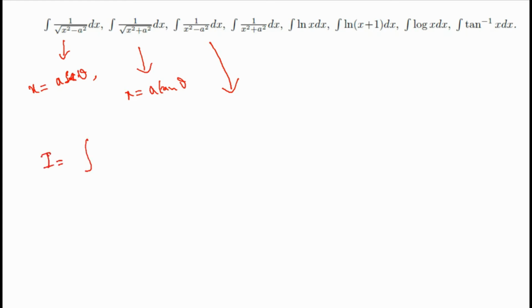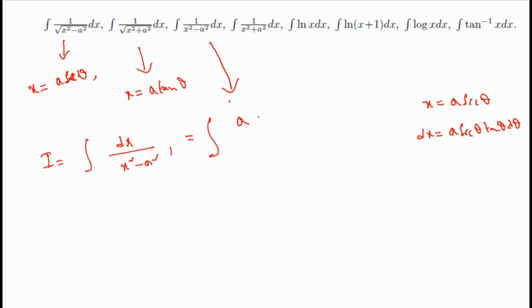So here I equal to, okay, just write down this one, x square minus a square. Just put x equal to a sec theta. So dx equal to a sec theta tan theta d theta. Now you will get integration a sec theta tan theta d theta and a square tan square theta. And one tan theta will get cancelled.